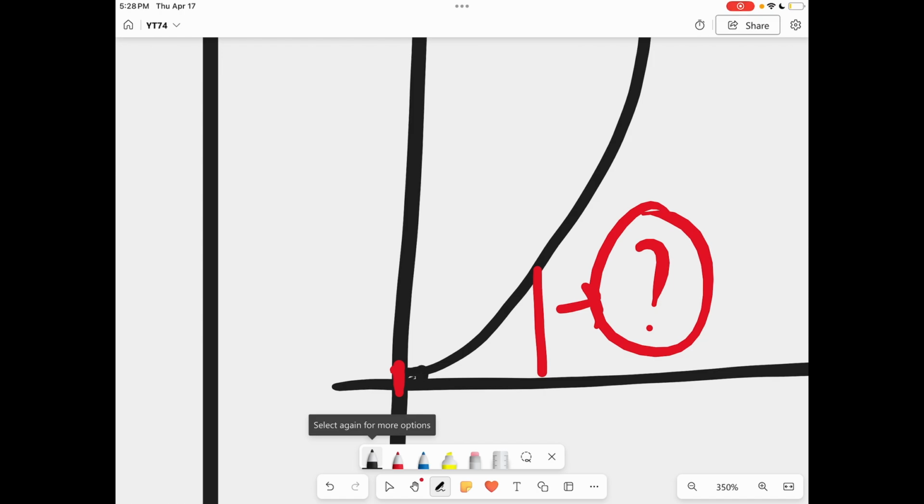So, if we have many rectangles, here's a rectangle, and then here's a rectangle, then here's a rectangle, then here's a rectangle, and then here's the final rectangle. So, if we do the area between 0 and 2 with these rectangles, we'll get pretty close.